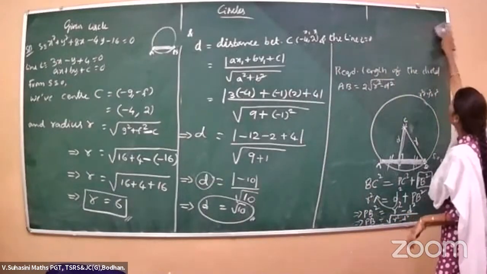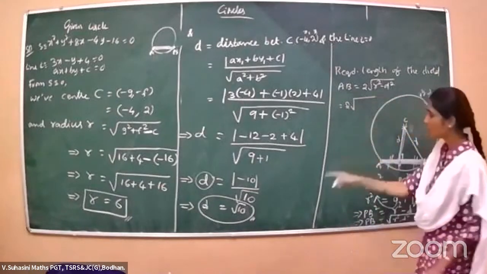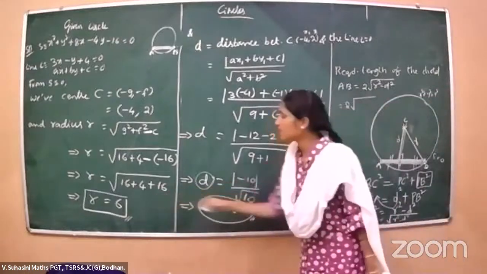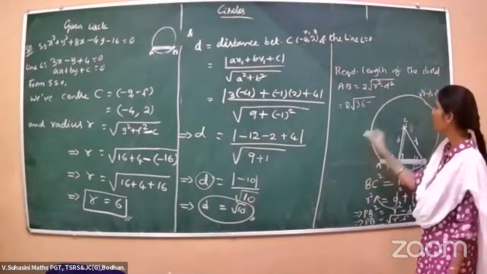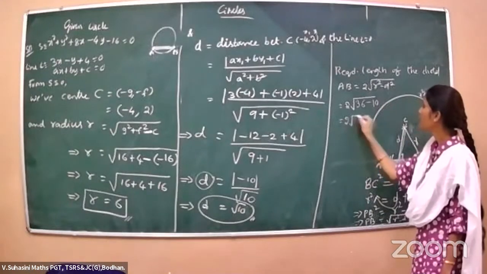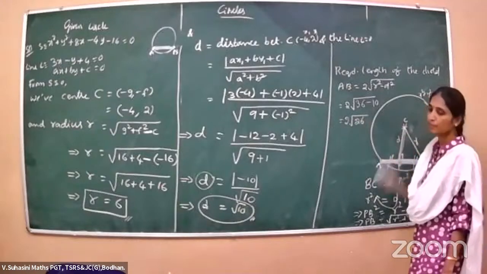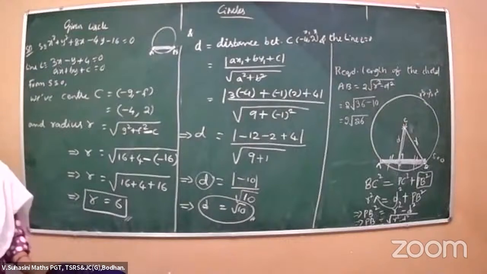Always you need to mention the formula when you are finding any value. 2 times root, what is r square? r is 6, r square is 36. Minus d is root 10, root 10 whole square is 10. So 2 times root 26 is the length of the curve intersected by the line on the circle.